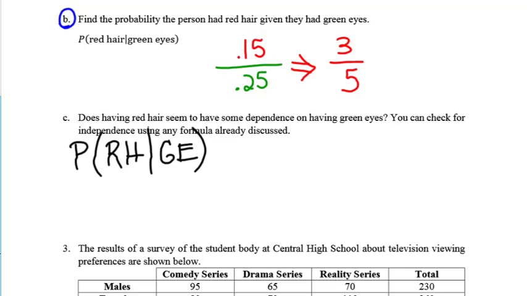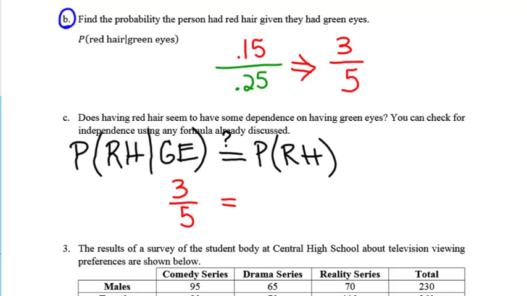Is that equal to the probability of having red hair? If they're equal, then we have independence. If they are not equal, then we do not have independence. We already found the value for red hair given green eyes, so we can put that answer from part B. Now we just have to check, what's the probability of having red hair?